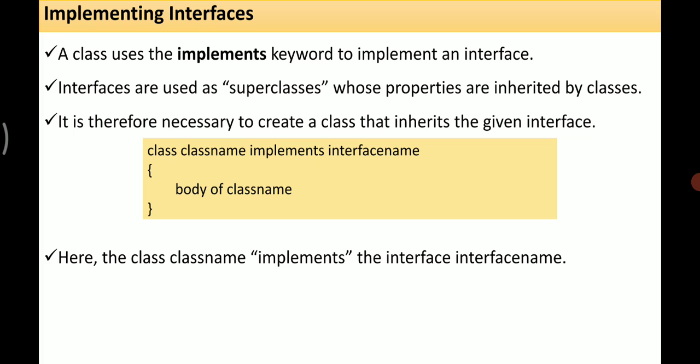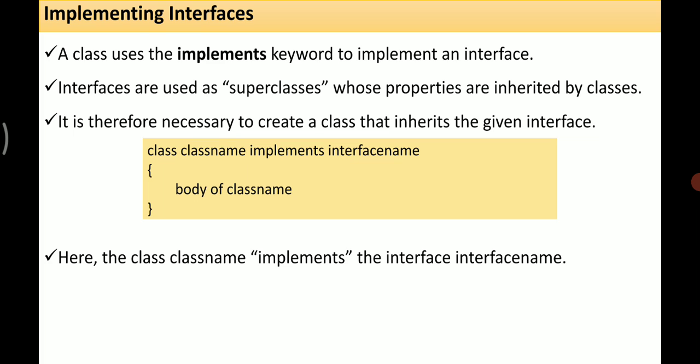This is done by using class, class name, implements, interface name, then opening braces, the body of the class, then closing braces. Here, the class name specifies the name of the class, and that class implements the interface name.